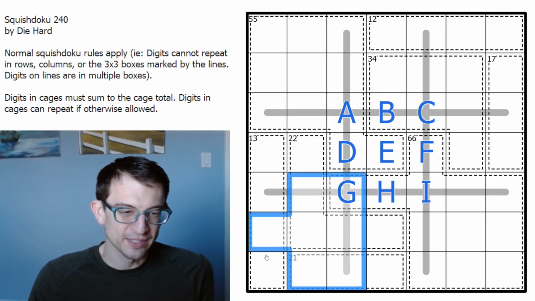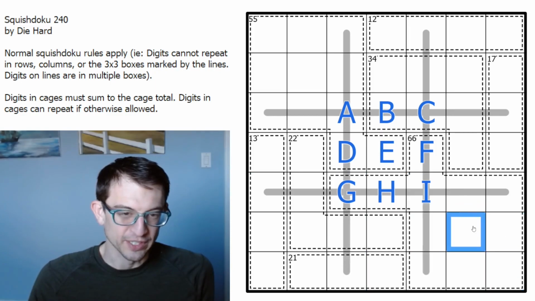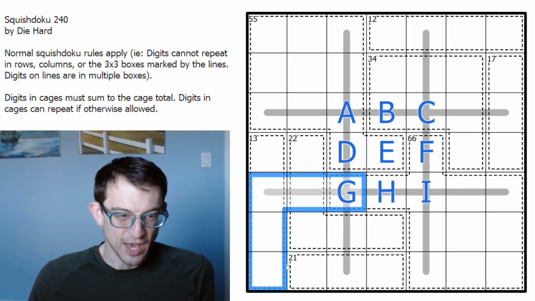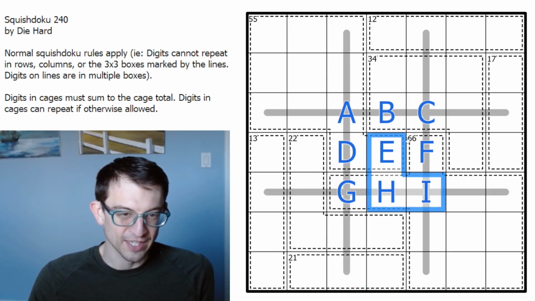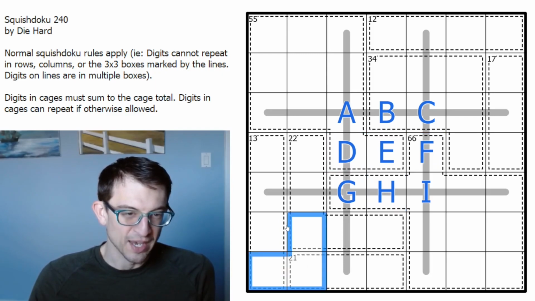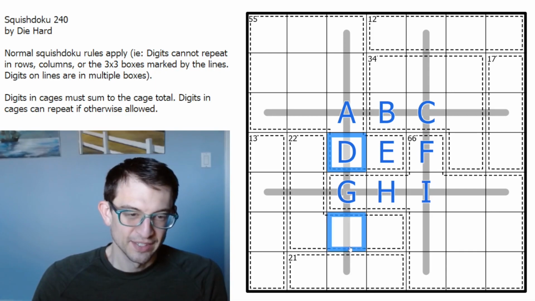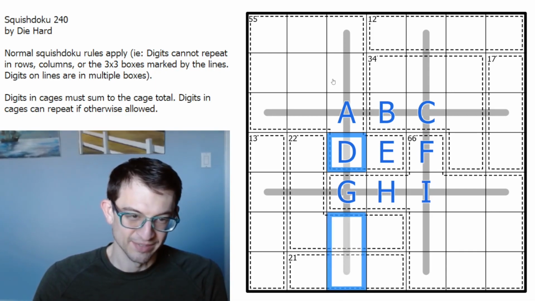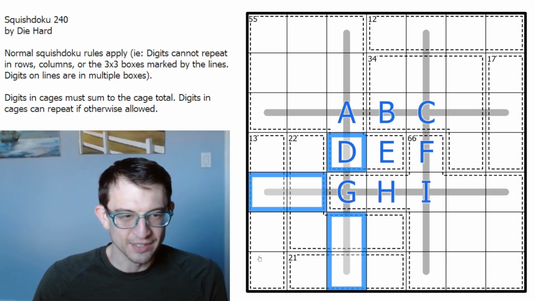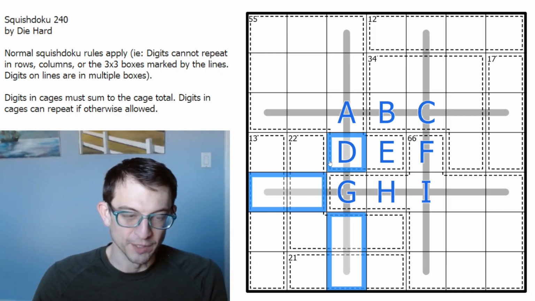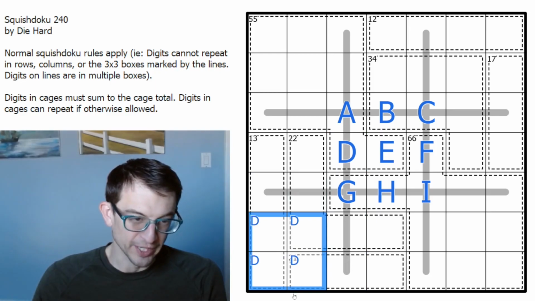These corner boxes are actually quite restricted, in the sense that if I think about how I place all 9 of these letters, I mean, G's already placed in this one, but how do I place the other 8 letters in this box? Think about the letter D. Where does D go in this box? It doesn't go on this line because it can't repeat in the column. It can't go on that line because it can't repeat in box 4. So D is going to have to go in the corner here.